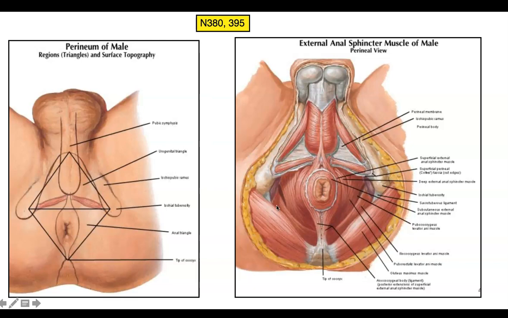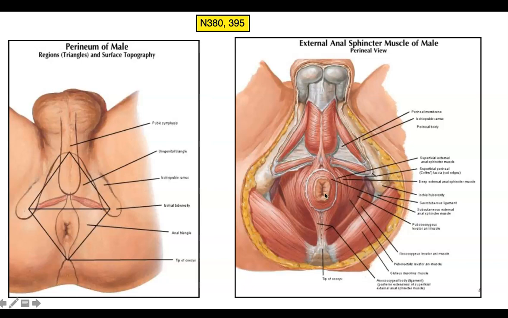On each side of the anal canal, there are two wedge-shaped or pyramidal-shaped spaces. See the pelvic diaphragm. I told you the pelvic diaphragm is convex on its exterior side or perineal side. And because the pelvic diaphragm is convex, it gives rise to a pyramidal-shaped space on each side of the anal orifice.